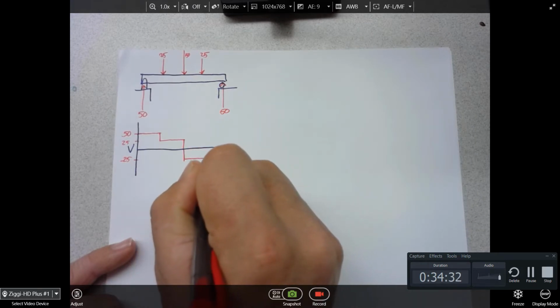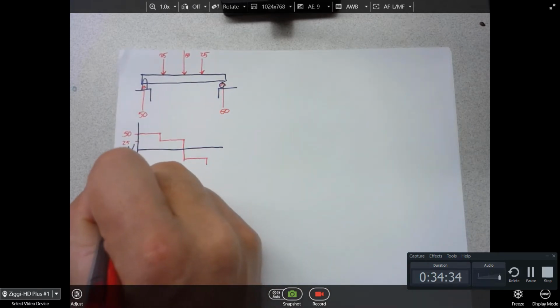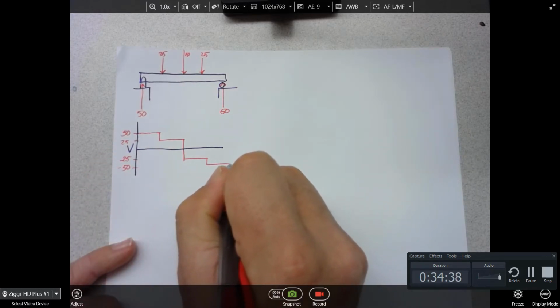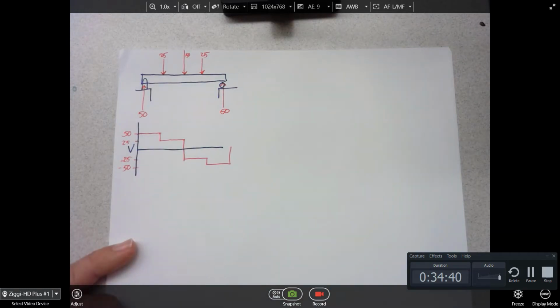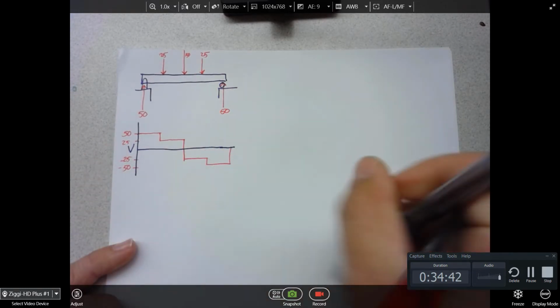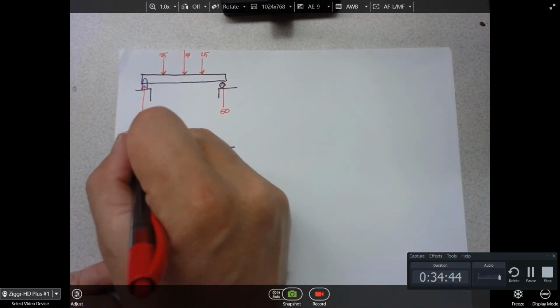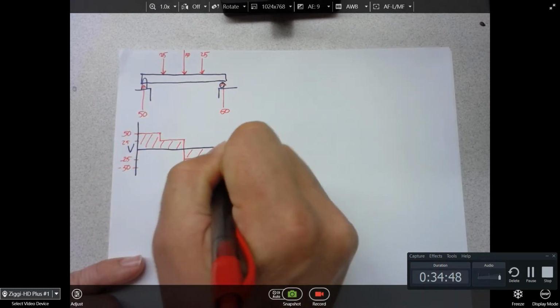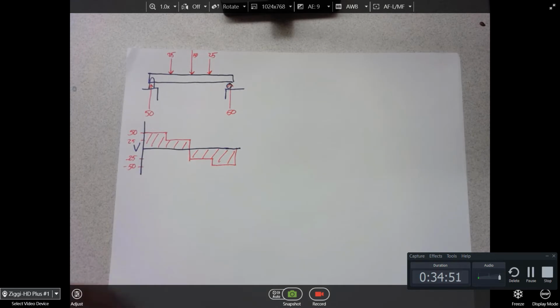Continue across, jump down another 25 to negative 50. Continue across, jump back up. That is much quicker than drawing 4 regions, right, and doing a shear moment diagram.